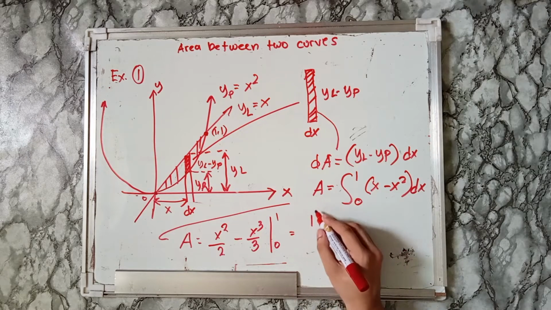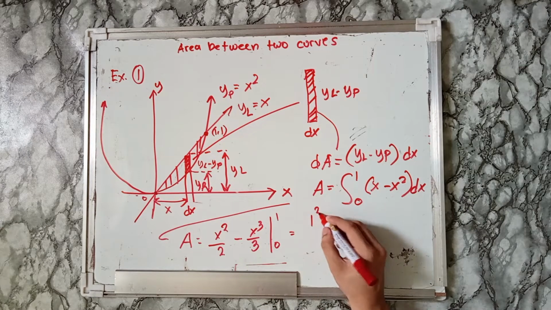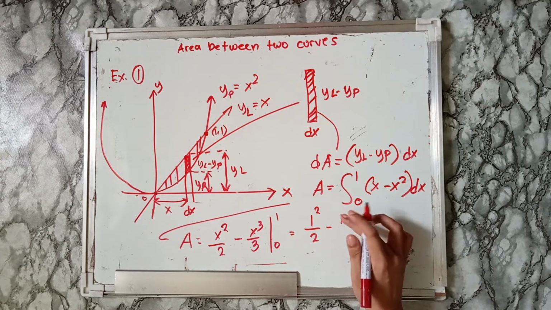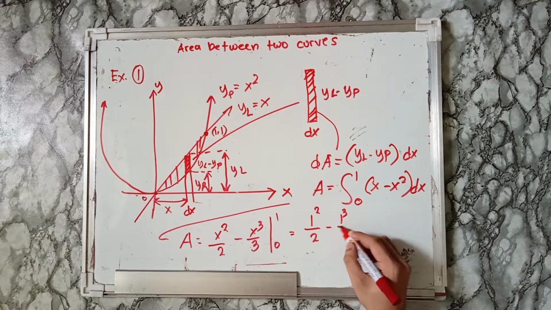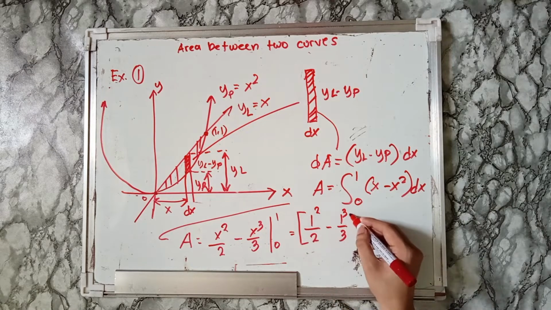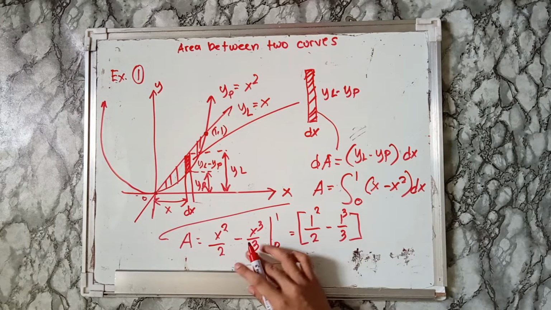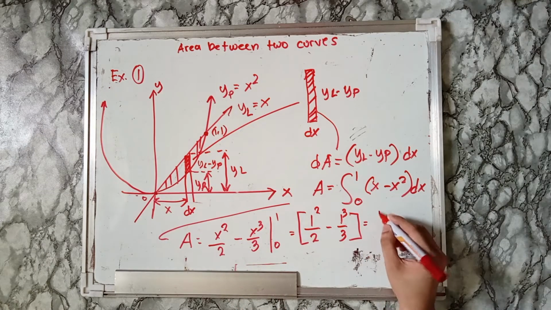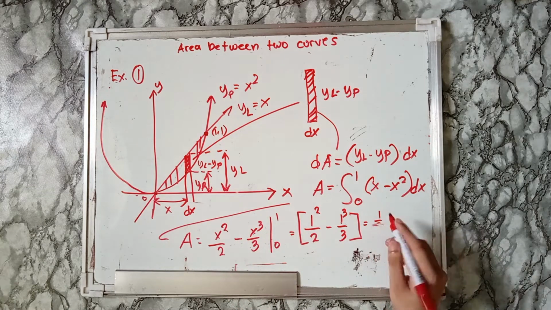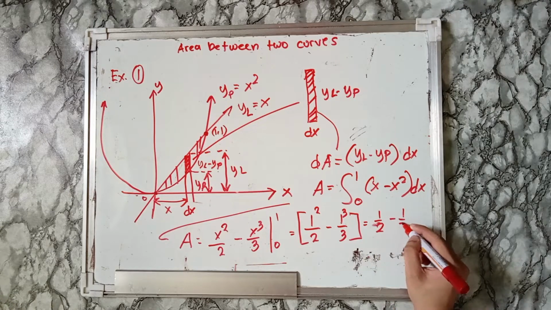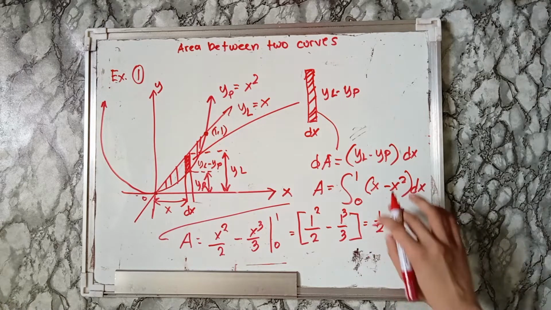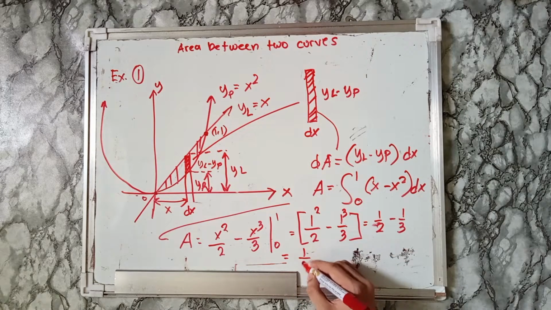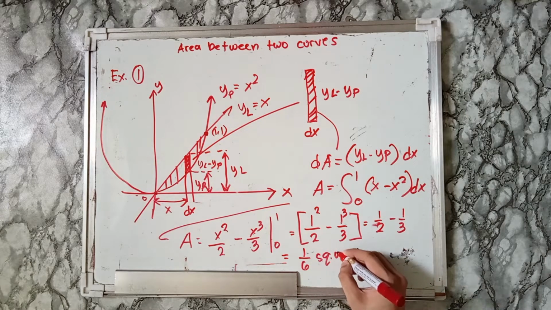We have 1 raised to 2 over 2 minus 1 raised to 3 over 3. And if we distribute the 0 here, it will just be 0. Now this is just 1/2 minus 1/3, which is just 1/6. So the answer here is 1/6 square units.